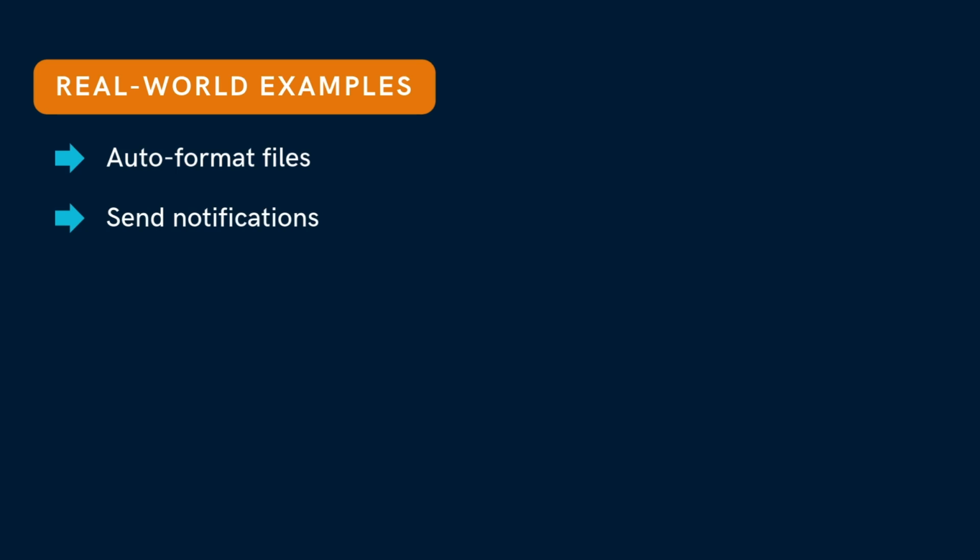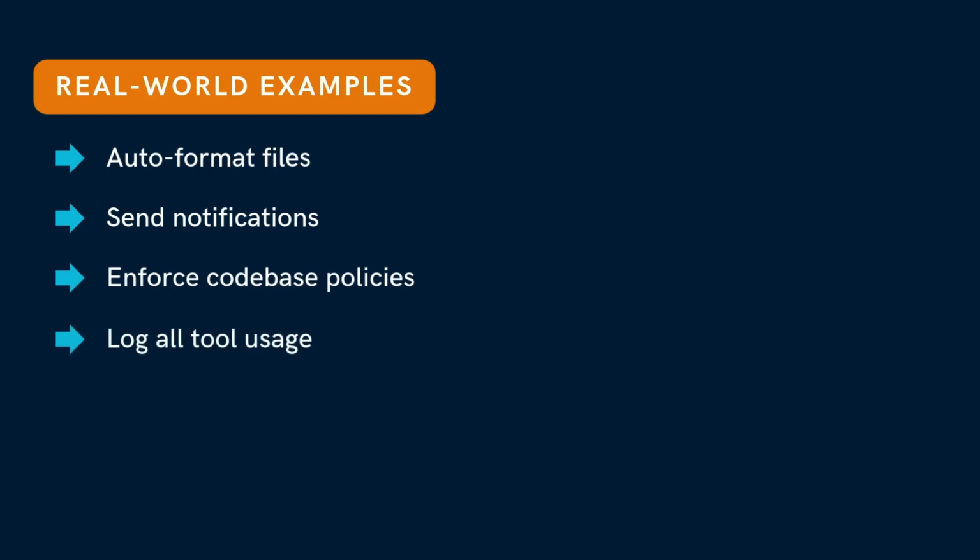Hooks are great for enforcing important policies too, like running checks before changes are applied to make sure everything meets the required standards. And finally, they can log every action that takes place, giving you a clear record of what happened and when. These kinds of automations quickly become part of your everyday workflow and remove a lot of manual effort.